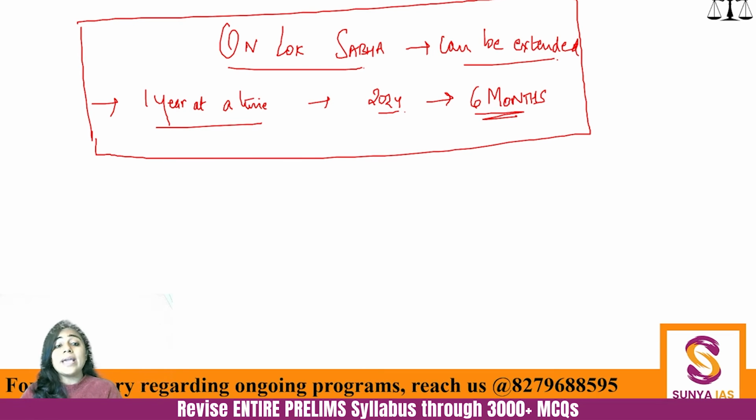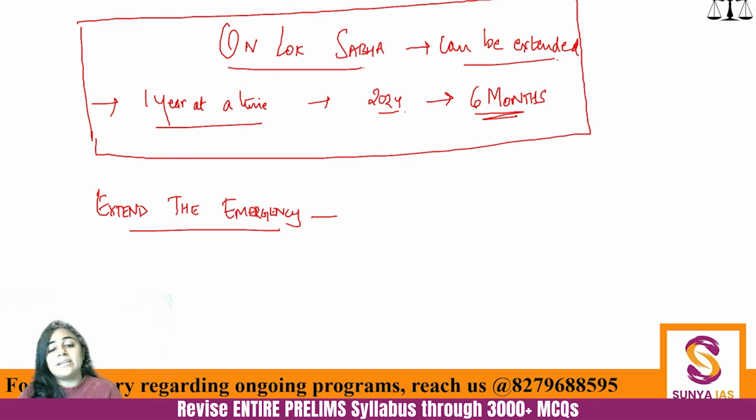If we want to extend the emergency itself, then what do we do? We can extend the emergency by 6 months at a time, and infinite times, right?